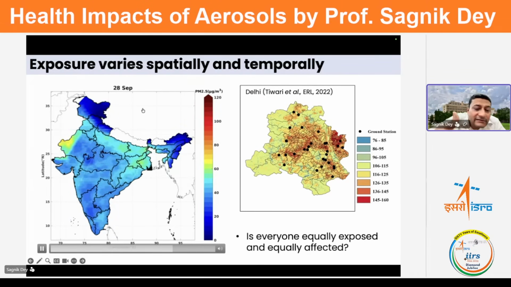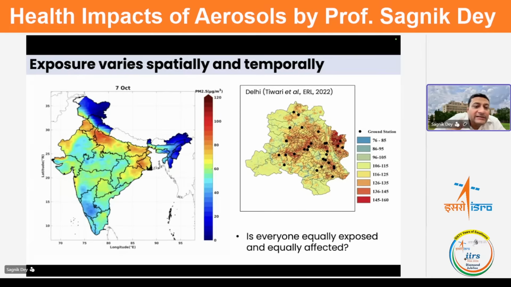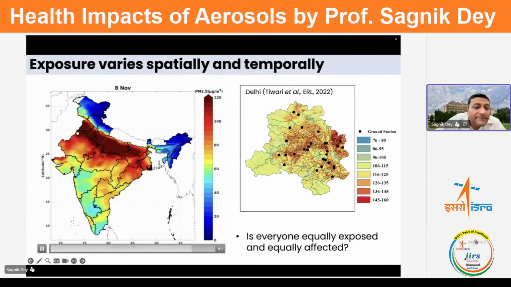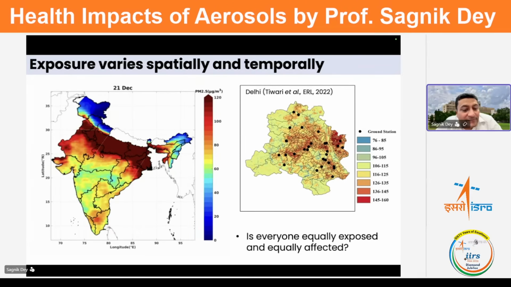But otherwise, till the monsoon is there, you have low pollution, and then the monsoon withdraws in September, early October. You again see this pollution build up. Plus, in October, you have stubble burning and other seasonal sources. And again, the pollution spreads across the Gangetic plain, and in winter, then spreads across the entire country.